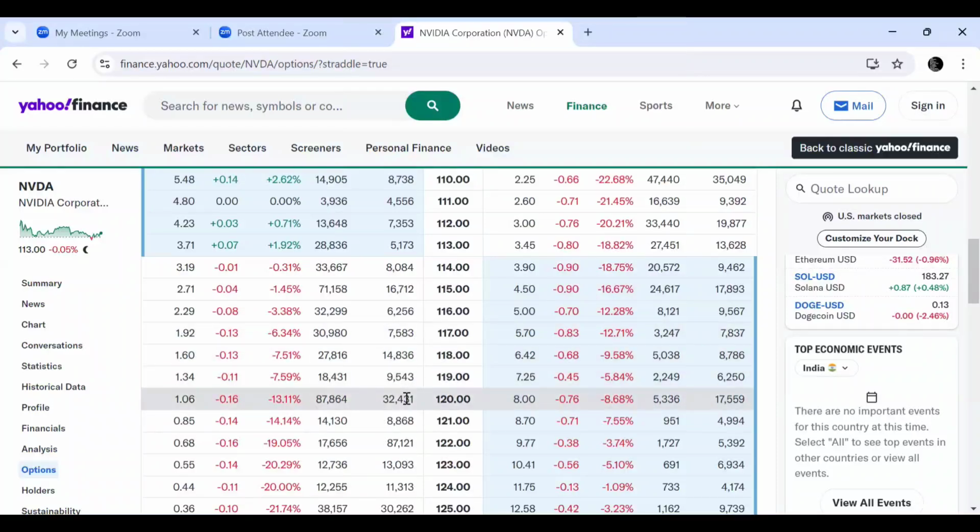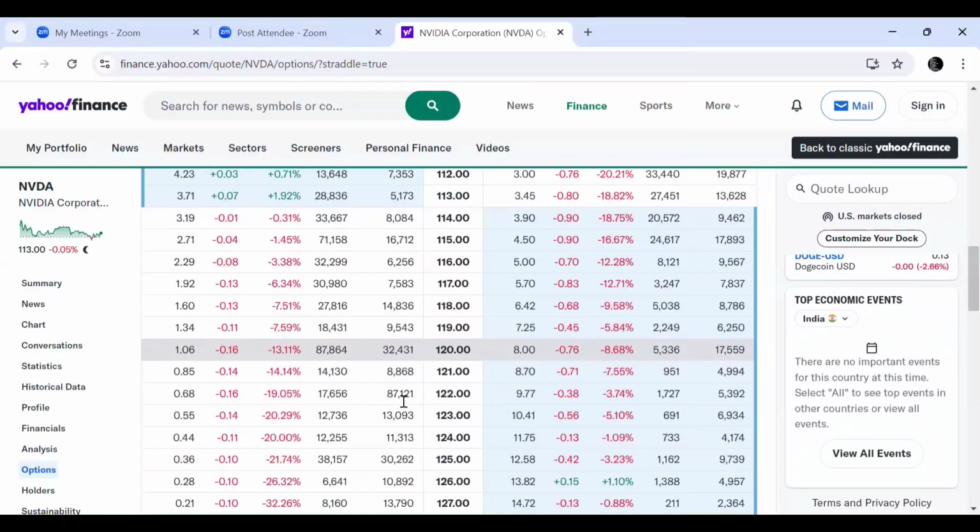There are 32,431 lots that have been purchased at $120. 32,431 contracts had been purchased.